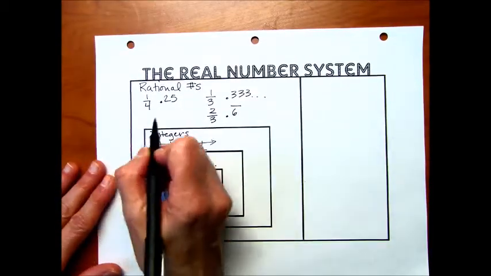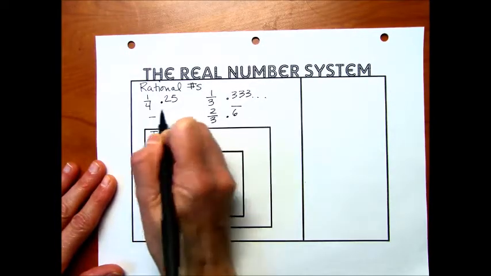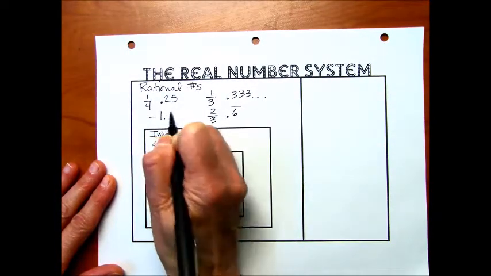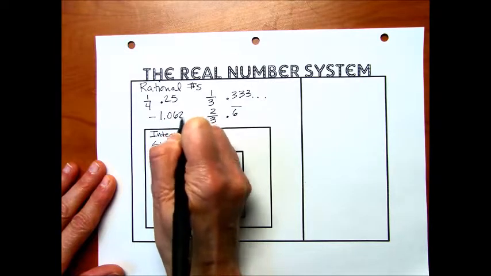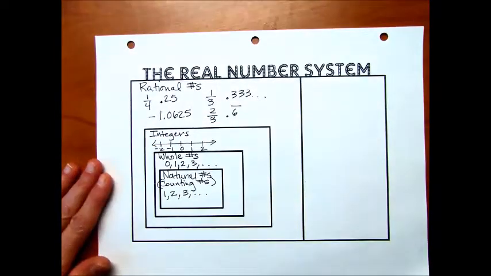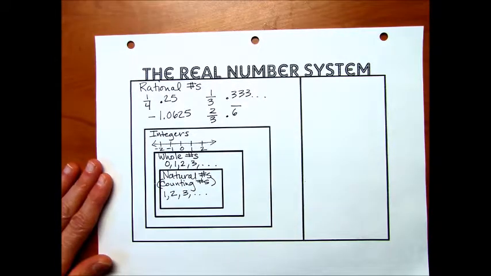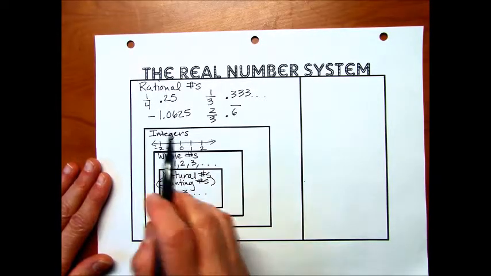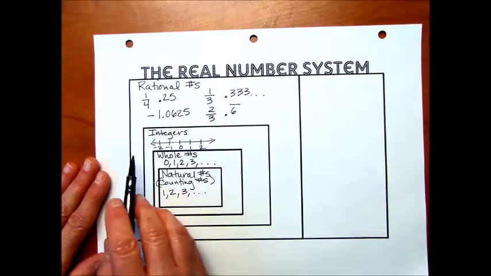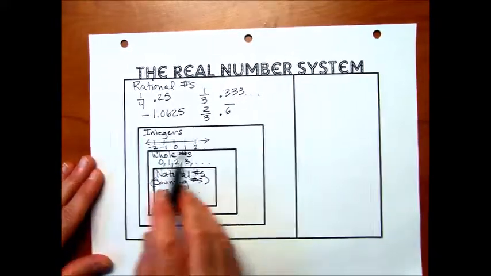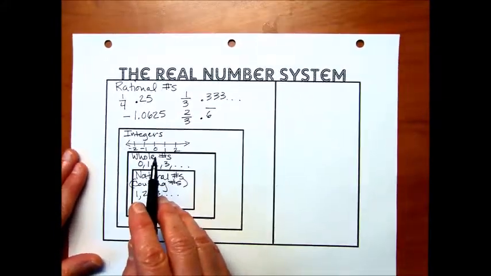We might have something like negative 1.0625, or negative 1 and 625 10,000ths. These are some examples of rational numbers, and we'll be working with those as well during this quarter.